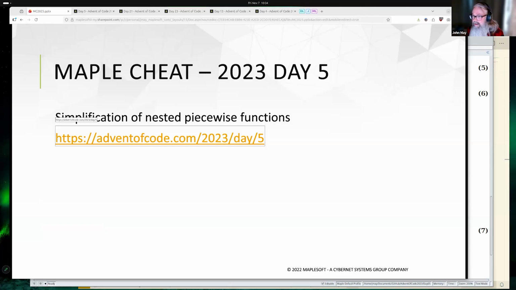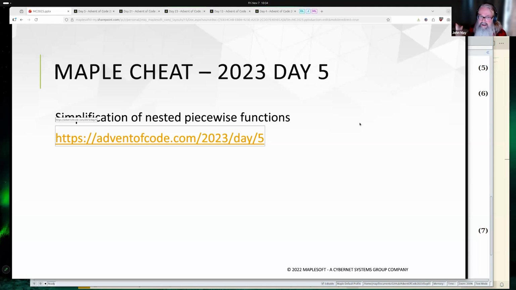Someday we'll make piecewise functions a lot more efficient, but you actually can solve it that way, which is nice: turn it into a mathematical problem and solve it as a mathematical problem.